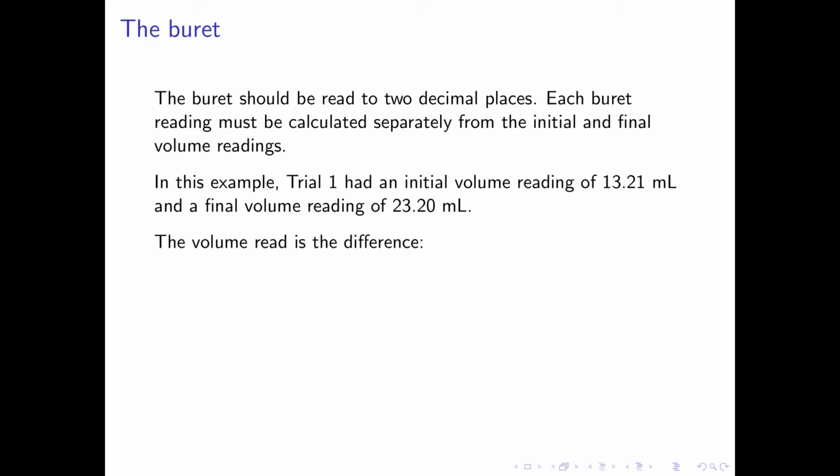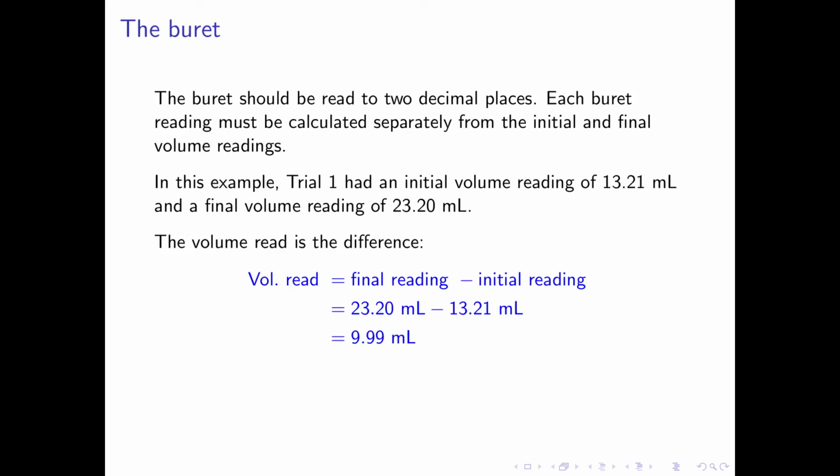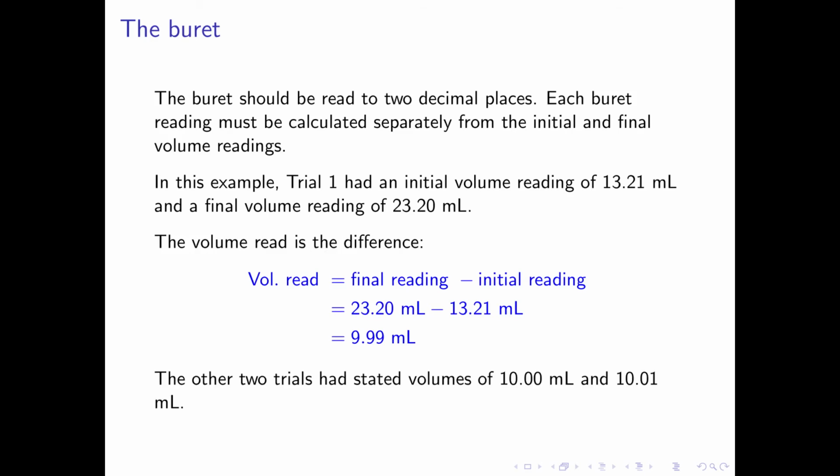To calculate the volume that was read from the burette, we take the difference, or the volume read is equal to the final reading minus the initial reading, which is 23.20 minus 13.21 milliliters, for a final volume of 9.9 milliliters. Trials 2 and 3 had volumes calculated as 10.0 milliliters and 10.01 milliliters.